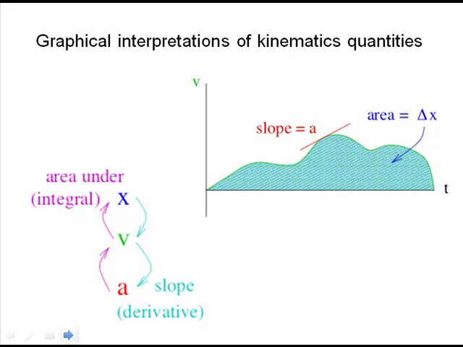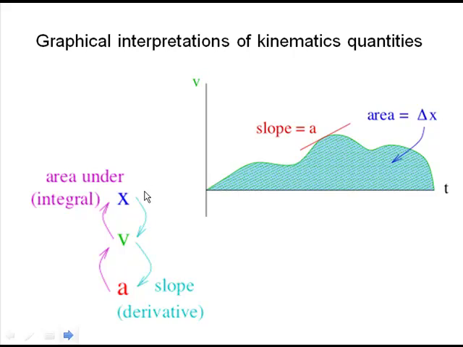I want to discuss for a minute the graphical meaning of position, velocity, and time. What I have here is a graph of velocity versus time. And remember, the velocity is the derivative of position, so position would be the integral of velocity. Acceleration is the derivative of velocity, and velocity is the integral of acceleration.